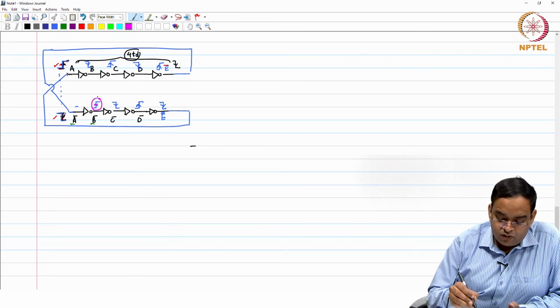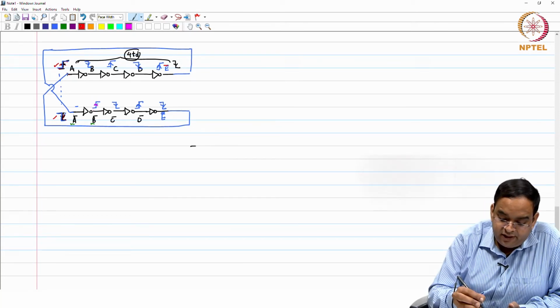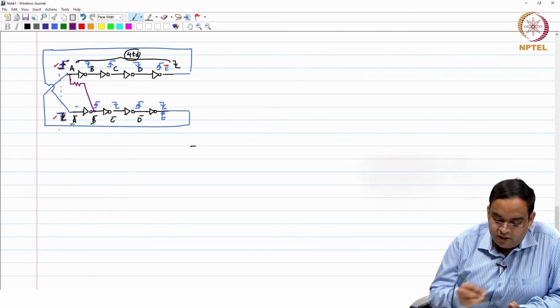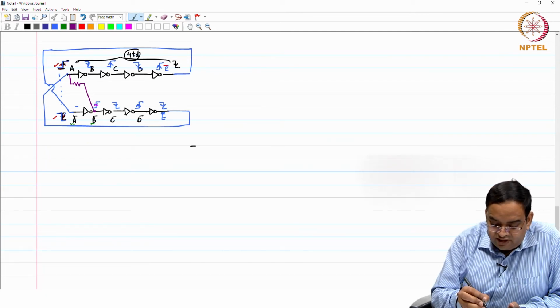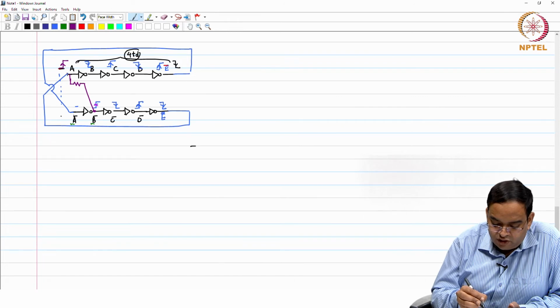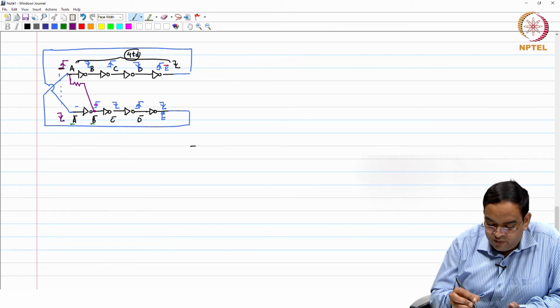Okay. So, we try to exploit this and connect a resistor like this. Okay. So, you can say when you have a rising edge on A, at the same time you are having a falling edge on A bar, and in response to the falling edge on A bar, your B should rise.